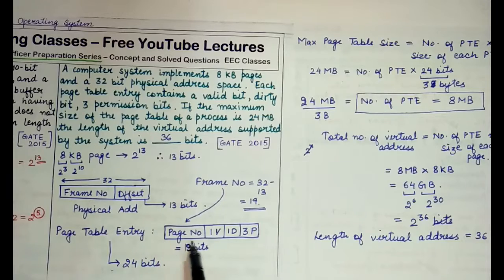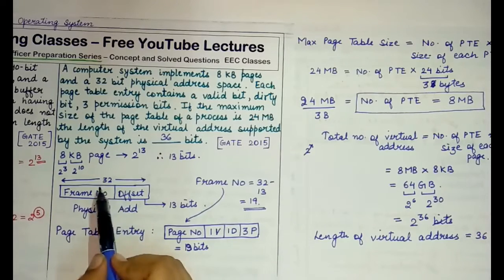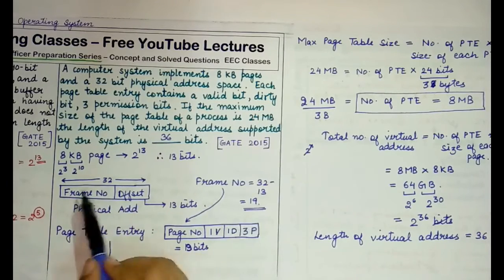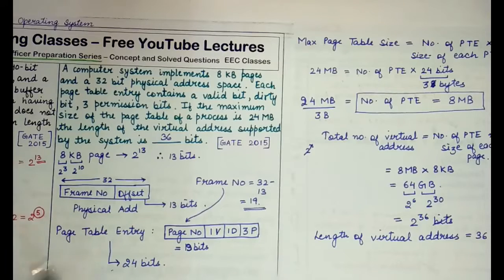This page number field is calculated from the relation given between the physical address and the offset. Physical address consists of two fields, the total of 32 bits minus the offset length, which is 19, gives us the value of 19, which is the number of bits required to represent the total number of frames, which is equal to the number of bits required to represent this first field of a page table entry, and therefore a page table entry gives us a total of 24 bits.